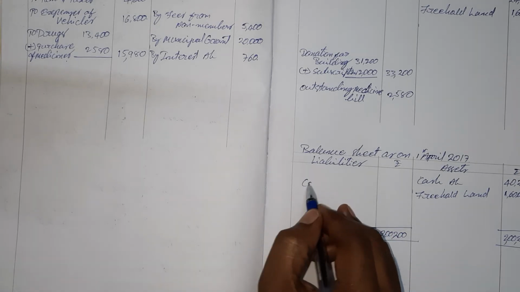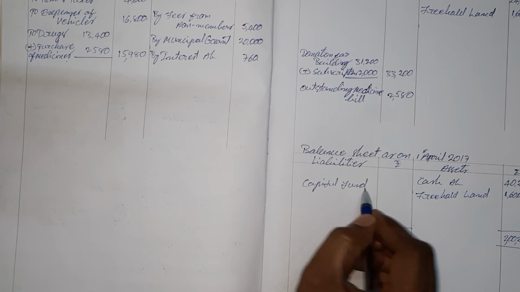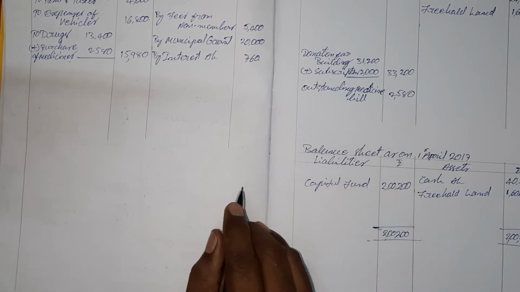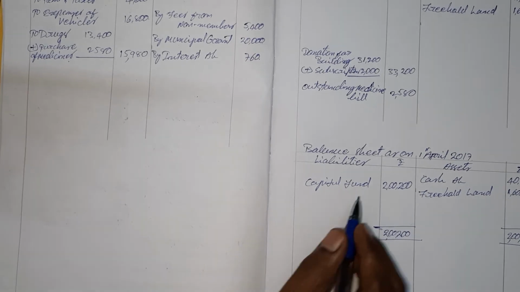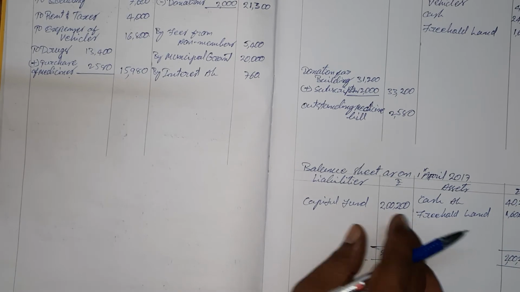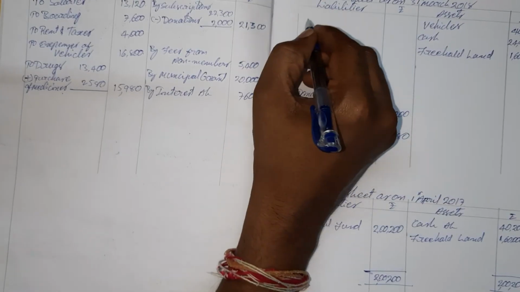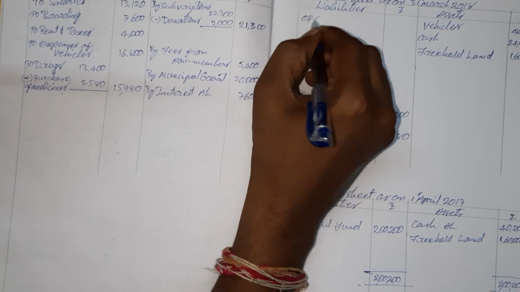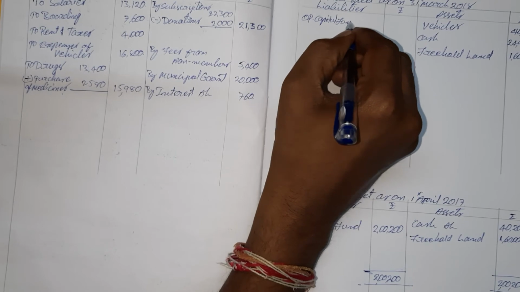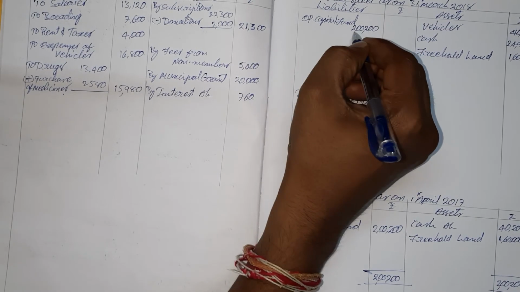And here you can write capital fund 2,200,000. This is the same capital fund opening balance, the opening capital fund of 2018, that is 2,200,000.